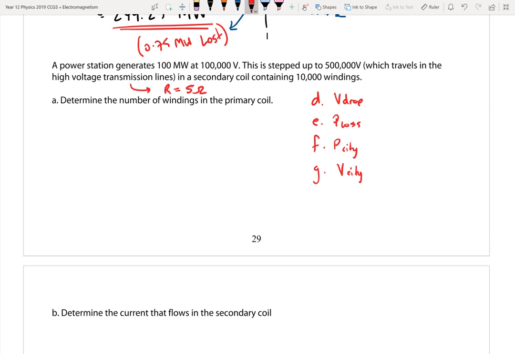Since I've put in a resistance, we know that the city is not going to receive 500,000 volts. It's going to drop slightly because some energy has been lost along the power lines due to heat. Could you do that for me? We're looking at a massive question here with about 15 marks worth of stuff, so 15 minutes of your time, please.